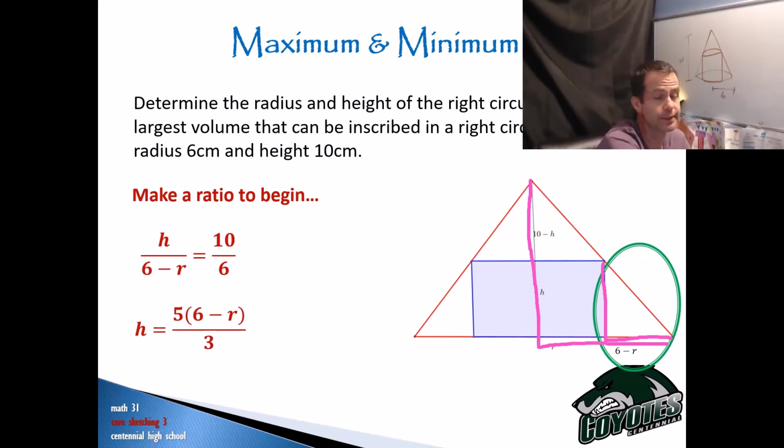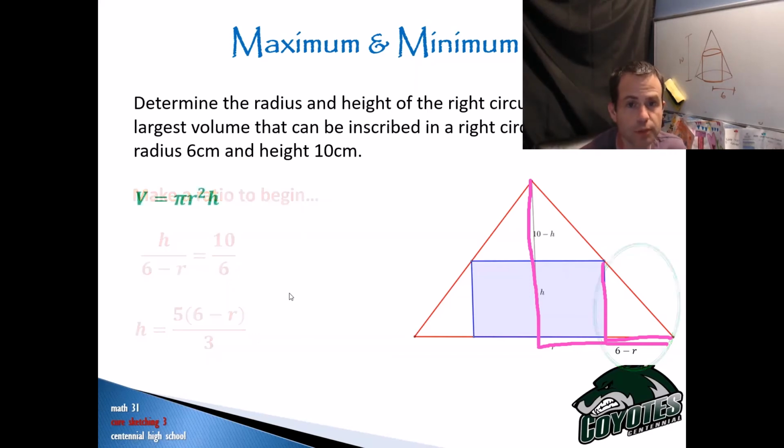That's going to be useful in a second, because remember, one of the things we want to do is come up with an equation that only involves one variable. Now, in order to come up with the equation, we need to think, what are we talking about? Well, we're talking about volume, and I want the largest volume possible for my cylinder. So the volume of a cylinder is pi r squared h.